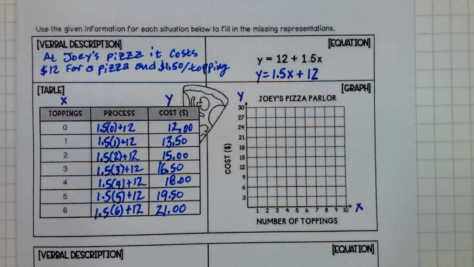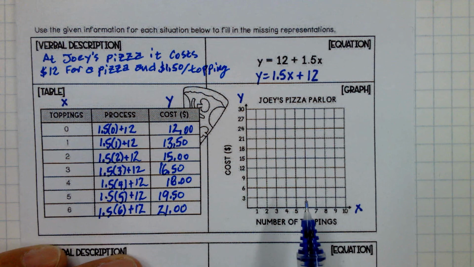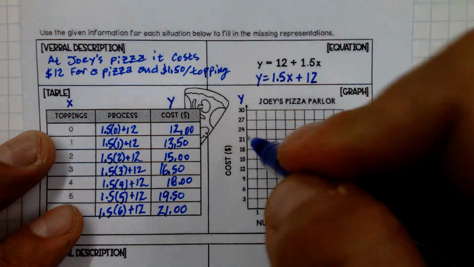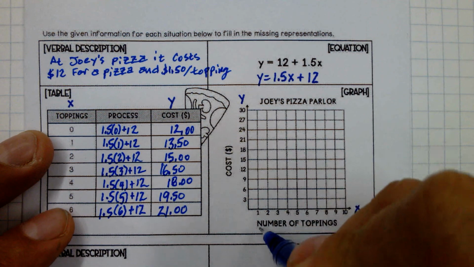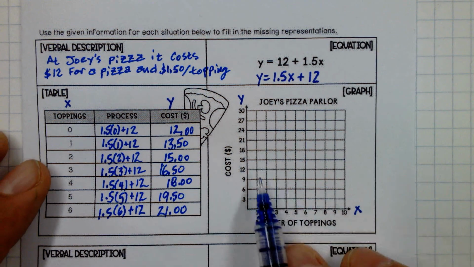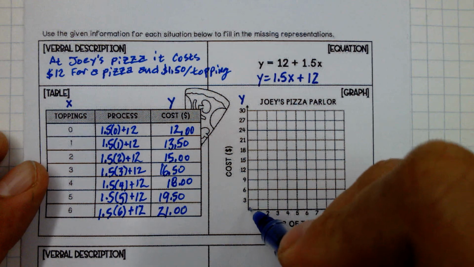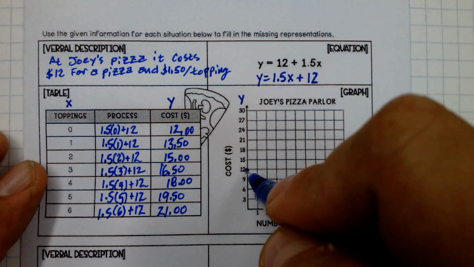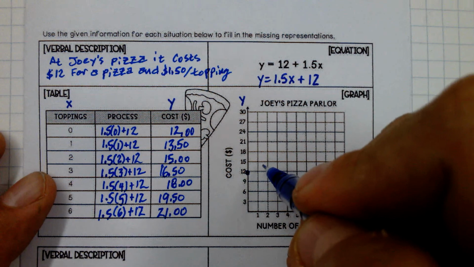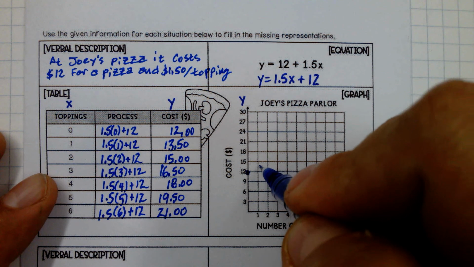Okay, let's make a graph then, guys. So let's see here. Where are we starting off at? What's our starting amount? 12. Then we have 13.50.